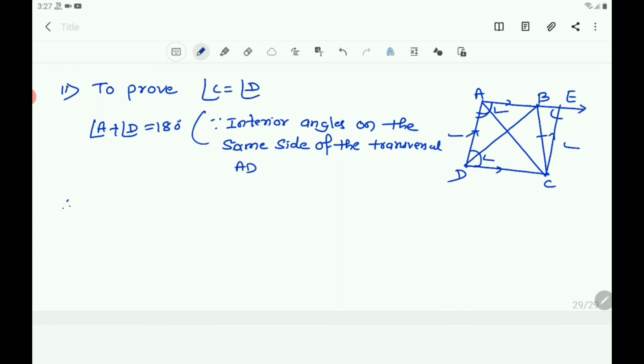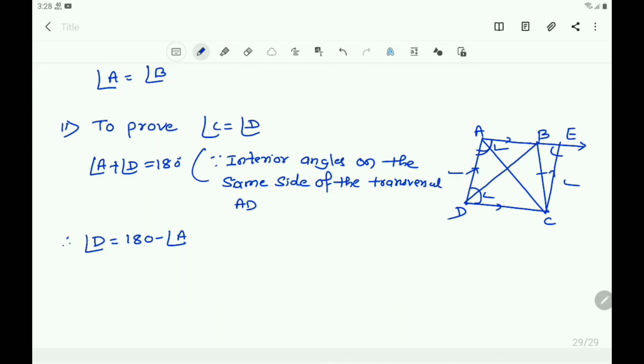So therefore you can write angle D equals 180 minus angle A, and then you can write angle D equals 180 minus angle B. Consider this as the third. It is proved here.